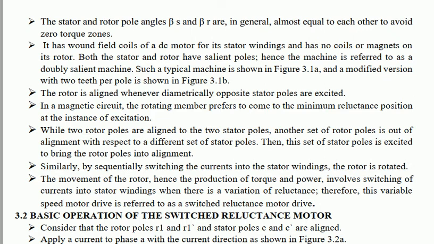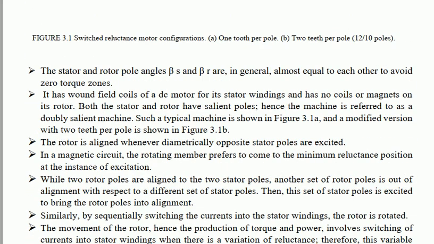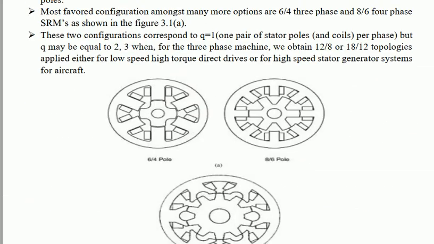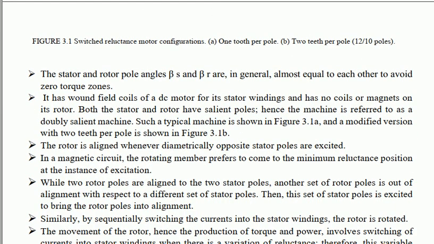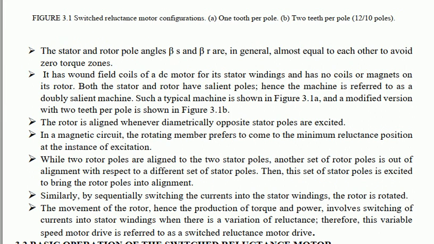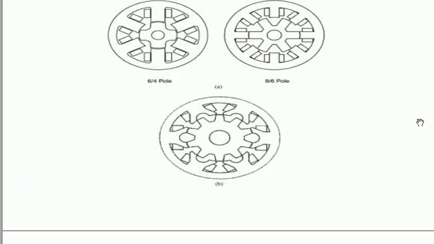Such a typical machine is shown in figure 3.2a, and a modified version with two teeth per pole is shown in figure 3.2b. There is a single tooth, and there are two teeth.